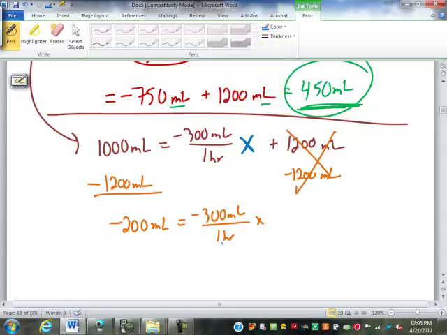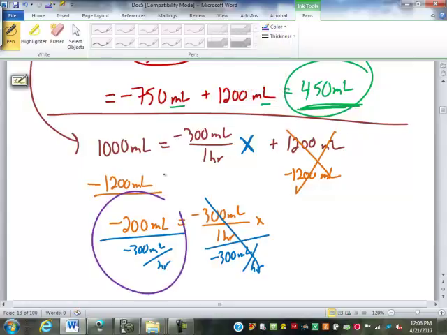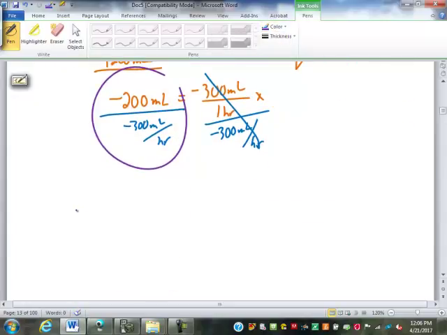To solve this for x now, we have to divide by the negative 300 milliliters per hour. That'll cancel out. To do this division, let's write it out as fractions. So we've got negative 200 milliliters divided by negative 300 milliliters per hour.